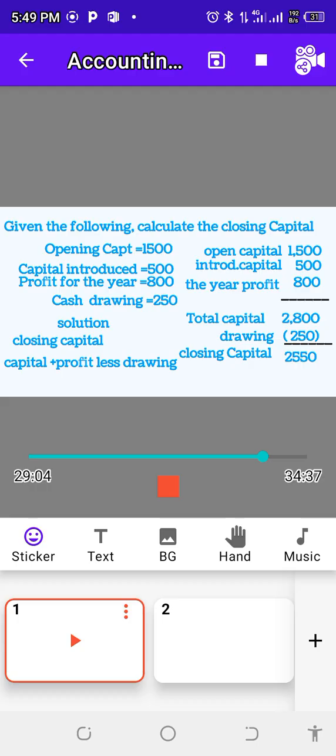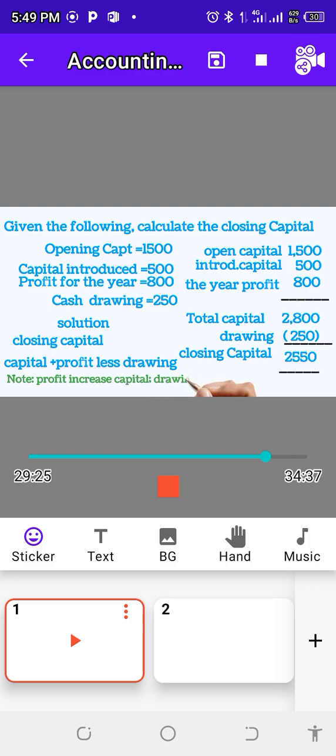Here also, the effect of drawing is that drawing reduces capital. Profit increases capital. Losses reduce capital. Yes. Note that profit increases capital. That is correct.